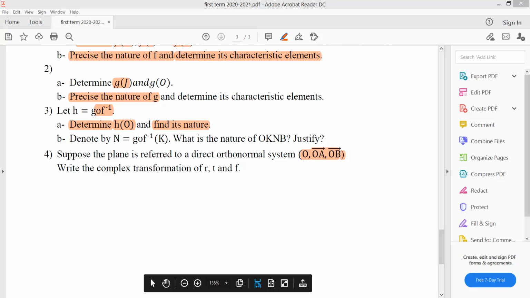Since it is an orthonormal system, A is (1, 0), B is (0, 1), K is (half, 0), J is (0, half), I is (half, half). These are the coordinates. Z prime equals AZ plus B.